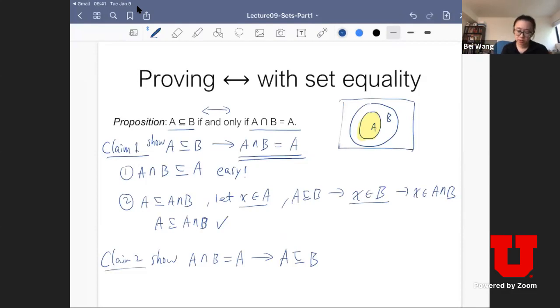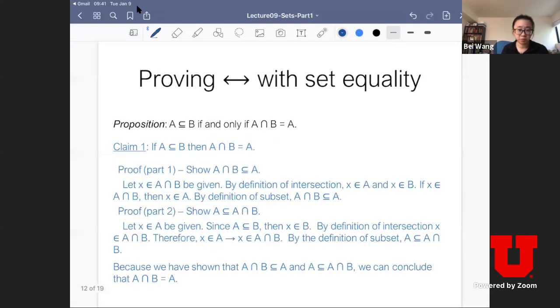Okay. So let's go over the detailed proof together in a more formal way. Because I want to prove an if and only if condition, claim number 1 is going from left to right. So when A is a subset of B, we want to show A intersect B is equal to A.